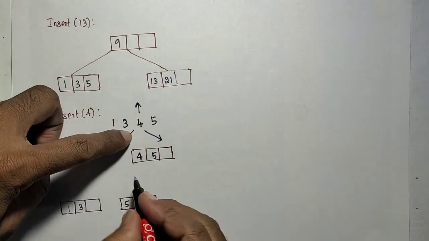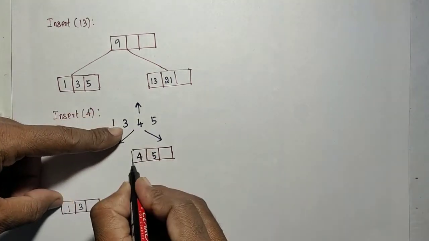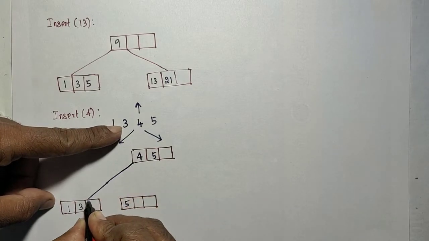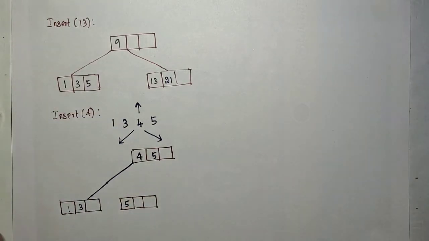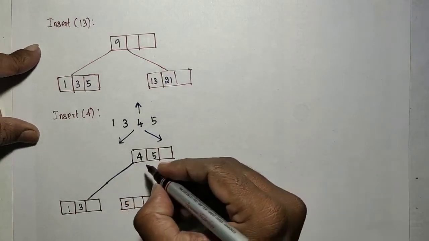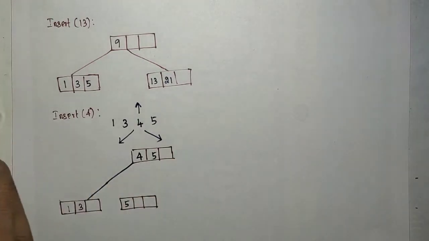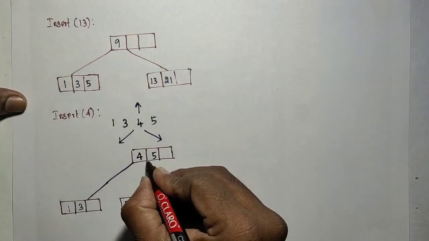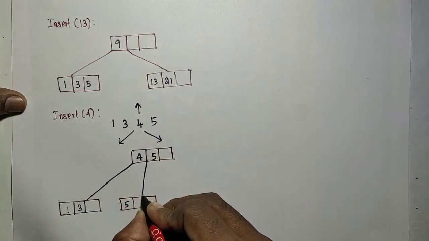The left of the 4 will be the node 1 3, and the right of the 4 will be this node 5.